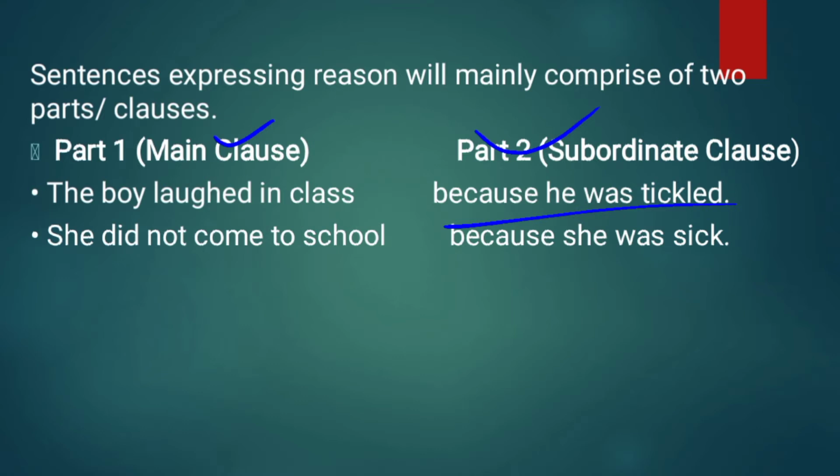So, the boy laughed in class. The reason is that he was tickled. But which word can you see appearing in between the two clauses in order to connect them? We can see the word what? Because, to introduce the subordinate clause. So we are going to talk about the words or the structures that are used to connect these two clauses here.